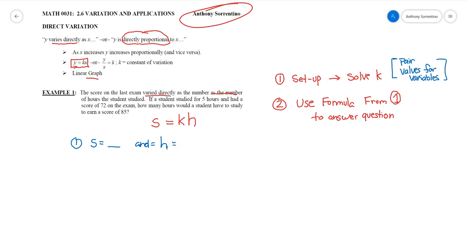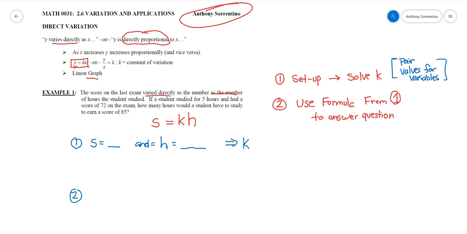Make sure you always know what you define your variables to be. You can let them be any letters you want, just know what each one stands for. If you want y to be the score and x to be the hours, make sure you remember that. That pairing will help me figure out what k is, and then I'll be able to answer the question at the end of step 2.